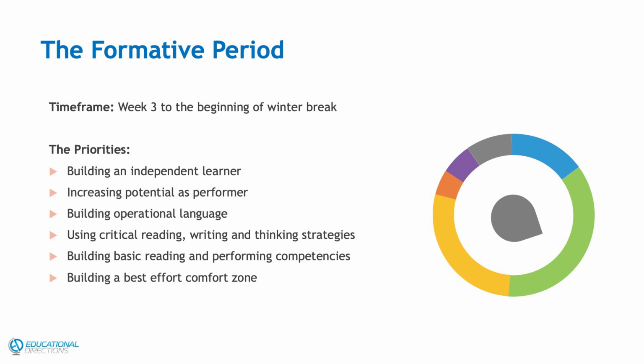We're building independent learners. We're making sure that the teacher doesn't have to kick off the processing and the work that the students do. We're increasing the potential as a performer. We're expanding the base of their attitude, of their perception of self, making sure that they understand what good work looks like.